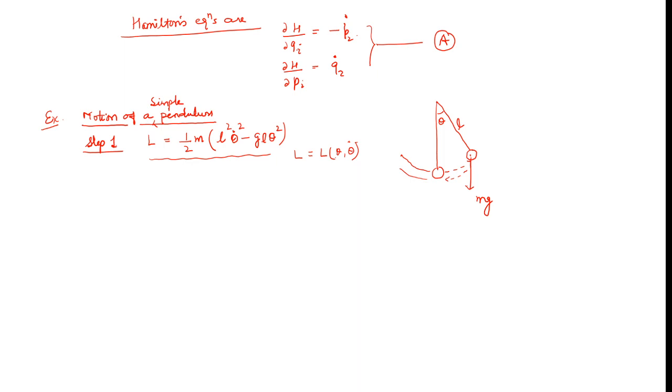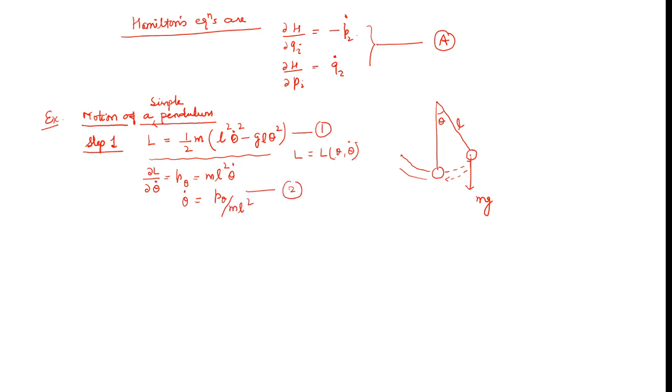Theta is present here, so I'll try to find momentum. I know that ∂L/∂theta dot is p theta, and by 1, ∂L/∂theta dot is m l squared theta dot.